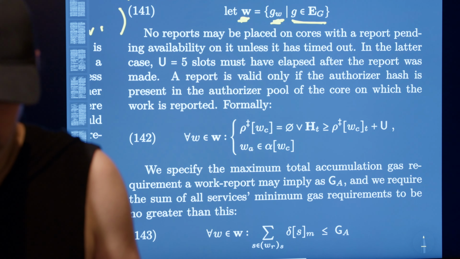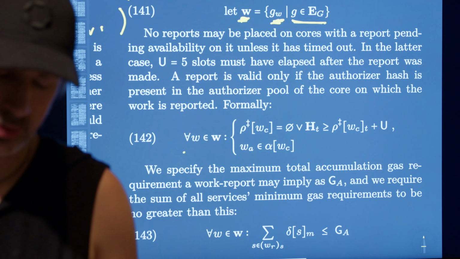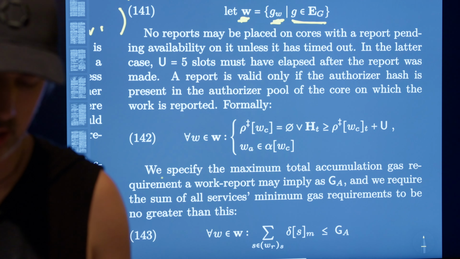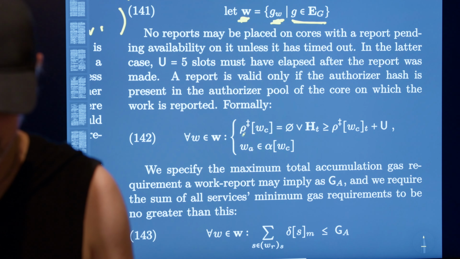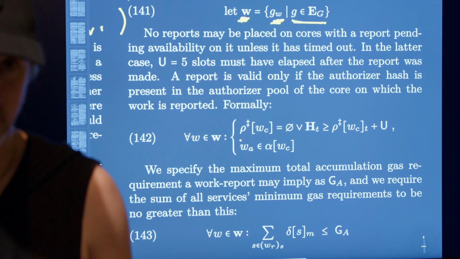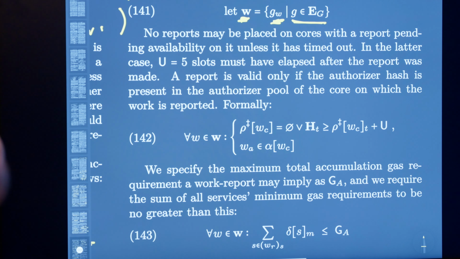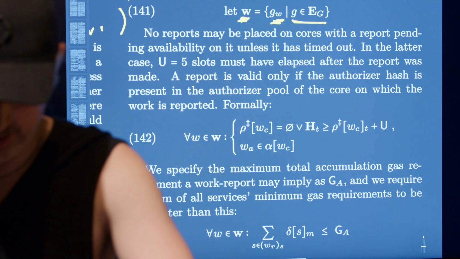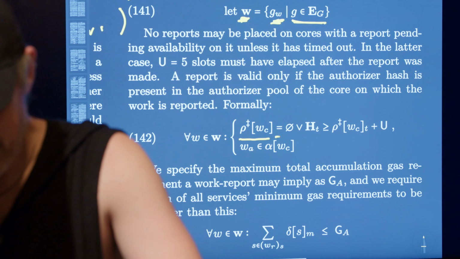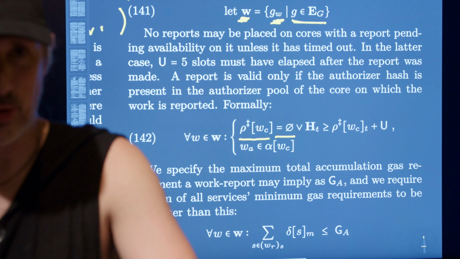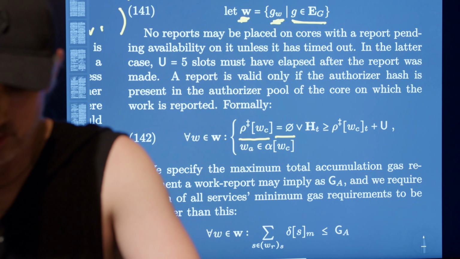So for every new work item, every new work packet, work report that is coming onto the chain through a guarantee, we are going to make sure that either rho double dagger, this second intermediate rho after assurances has taken out all of the ones that have now been assured and are ready to be accumulated, for that core is empty. So we've got space on the core.